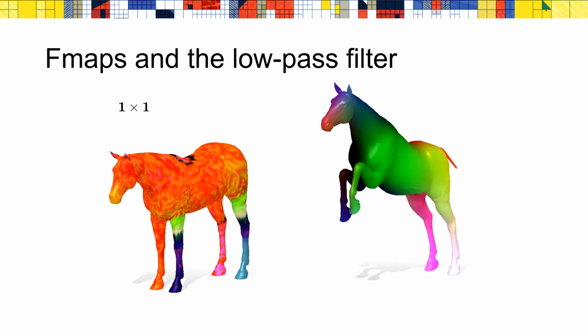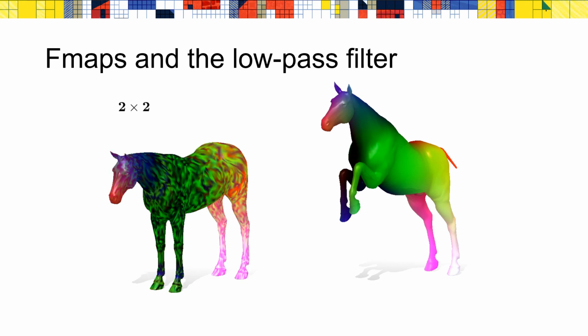So here we have a visualization of this. We are matching the shape on the right with the shape on the left, and we see the representation of the ground truth point-to-point map between these two shapes for different numbers of Fourier bases used to represent the point-to-point map in the functional map representation.